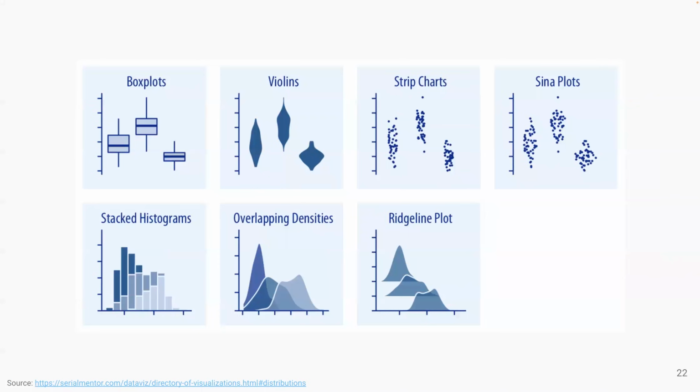Other types of distribution plots we can think about are box plots, right? Box plots are also one of the famous ways we can do the distribution comparison. But compared to the histogram, the box plot has some advantages.